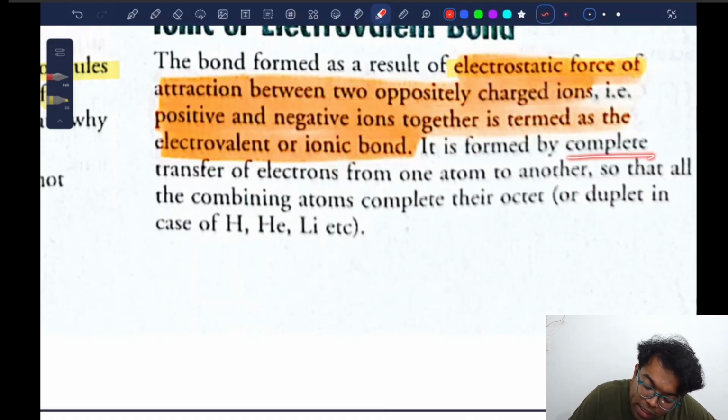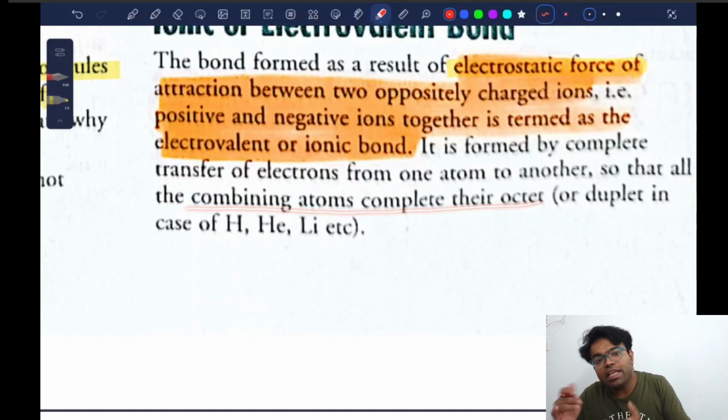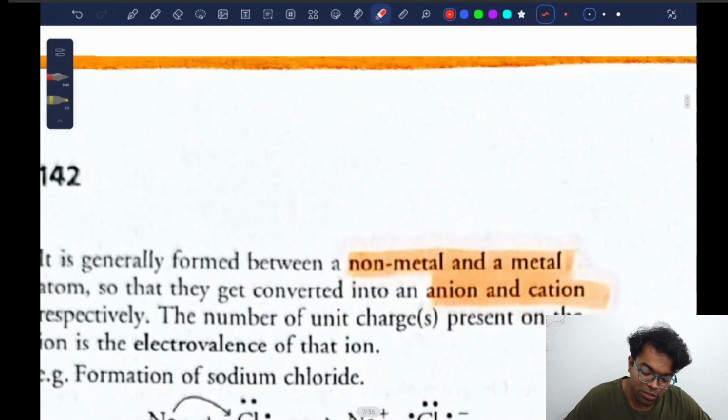It is formed by the complete transfer of electrons from one atom to the other so that all the combining atoms complete their octet, or the duplet in the case of hydrogen, helium, and lithium. So, what is happening here? A transfer is taking place so that both the cation, the positively charged ion, and the anion, the negatively charged ion, are able to fulfill their outermost stable electronic configuration. Okay, let's go ahead.